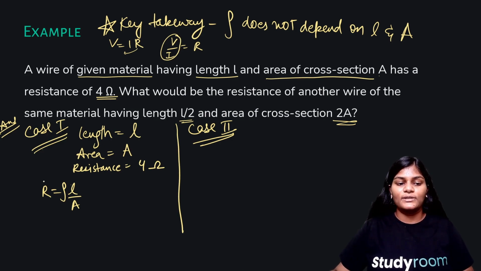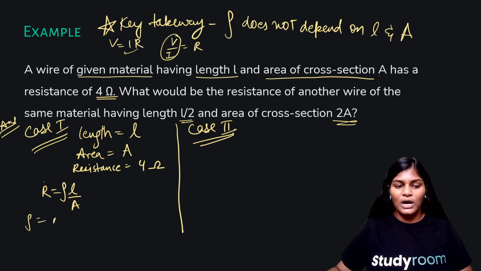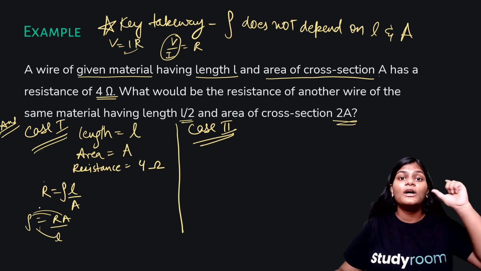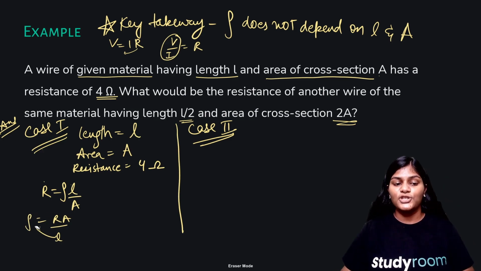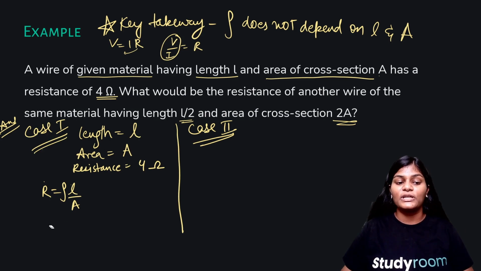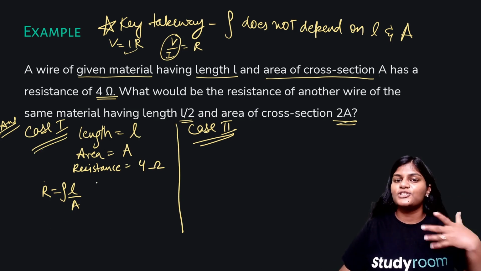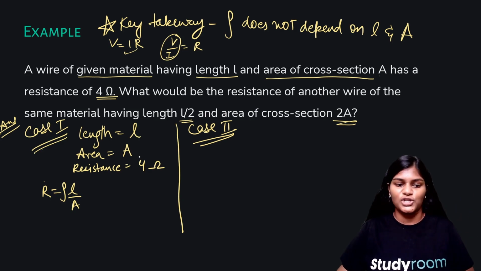So if I write rho is equal to R A by L, rearranging it, I would not say that R and A and L changing would affect the resistivity, because resistivity is the constant of proportionality. So I just told you that what it depends upon is the temperature and obviously the material. As soon as the material changes, the resistivity changes.